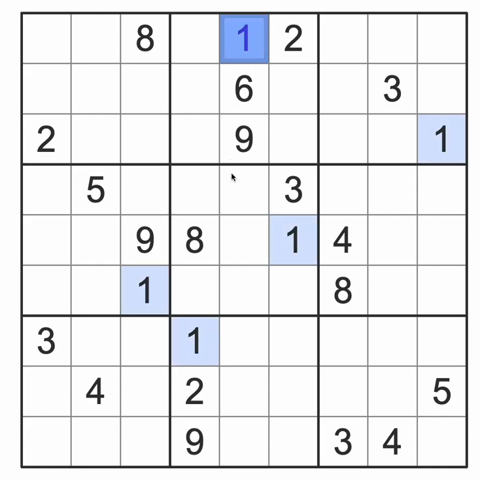I can place 9 in box 5, 9 in box 2 blocks these, 9 in box 8 blocks these, gives me 9 here. I can also place 8 in box 4 because 8 in box 6 blocks these, 8 in box 5 blocks these, 8 in box 1 blocks this cell. That gives me 8 here.